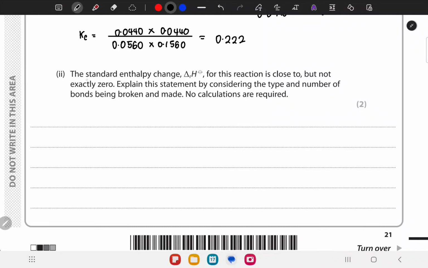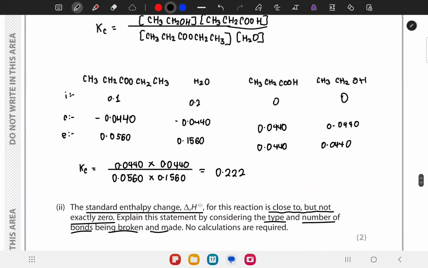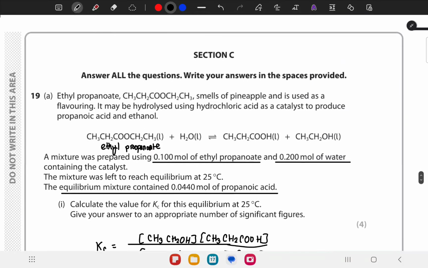Now in part 2 we are given that the standard enthalpy change of this reaction is close to but not exactly 0. We have to explain this statement considering the type and number of bonds being broken and made. Here we are reacting a mole of water to reverse esterification.